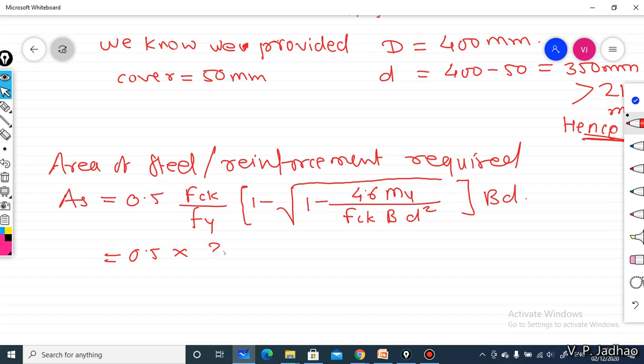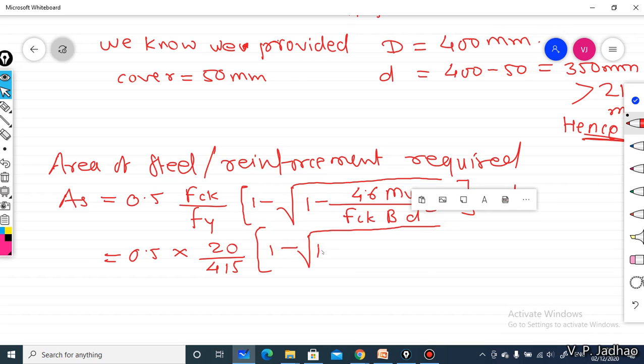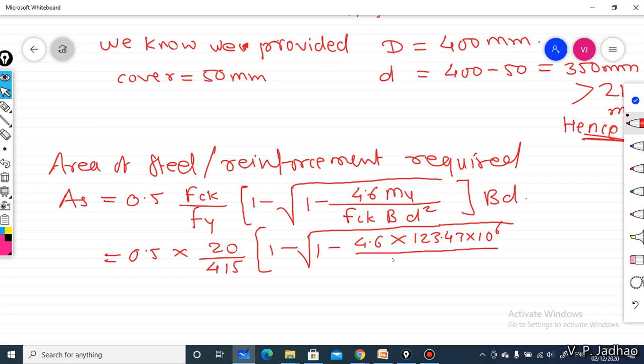Just put the values. 0.5 FCK is 20, Fy we are using Fe415. So the formula becomes 1 minus 4.6 Mu, factored moment is 123.47 into 10 raised to power 6 divided by FCK again 20, B we are considering for 1 meter, that is 1000 mm, and effective depth is 350 square, multiplied by B into D. B is again 1000 and D is 350.